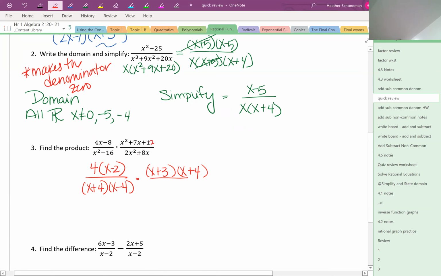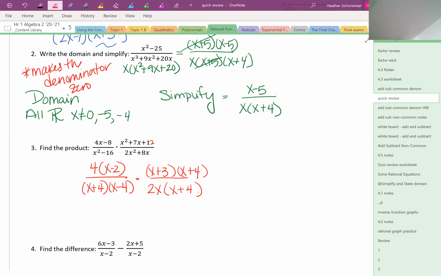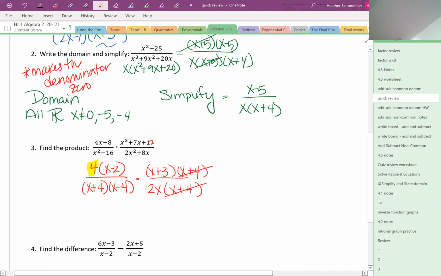And then this factors, I can take out not just a 2, but a 2x, and that leaves me with x plus 4. Okay, let's be careful because we can only cancel 1 for 1. So yes, we've got x plus 4s, but I have 1 on the top, so I can cancel just 1 on the bottom. Nothing else will cancel. But that's the groups. But now let's look at this. These are not groups, those are individuals. And if I have something on the top and the bottom, I can reduce that.